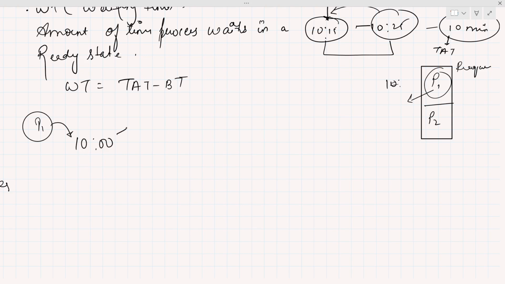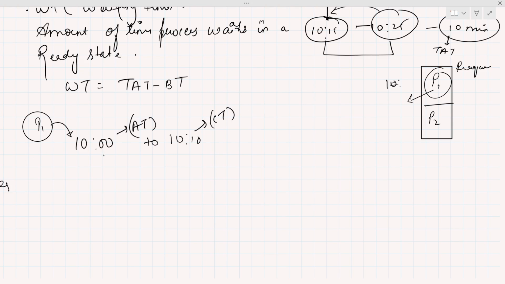So this is the arrival time, when the process arrives. The process spends time from 10 to 10:10. So this 10:10 is the completion time.